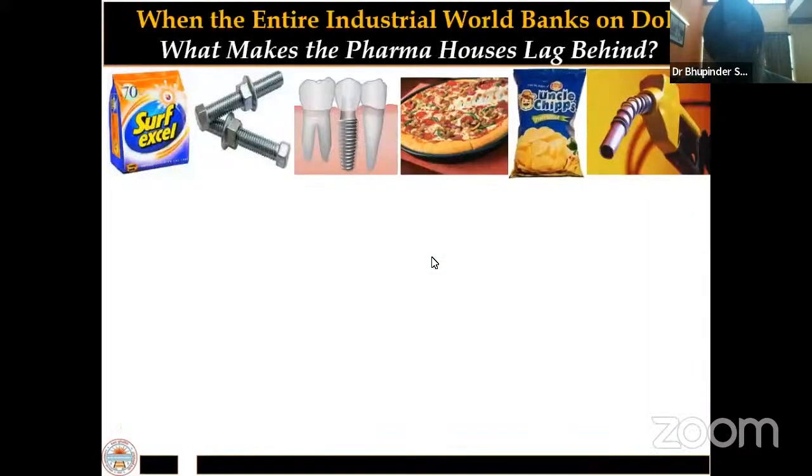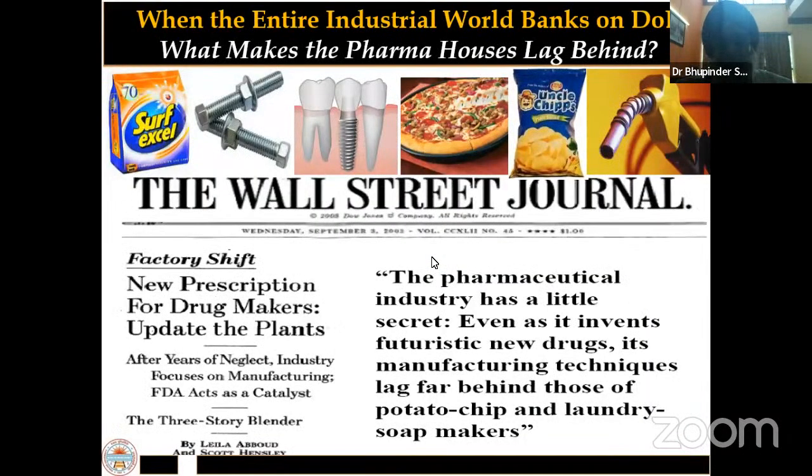This scenario was U-turned in practically 2003, when the Wall Street Journal of the USA, a very popular magazine over there, shook the entire pharma world. It gave the headline: the pharmaceutical industry has a little secret, even as it invents futuristic new drugs, in a sarcastic manner.